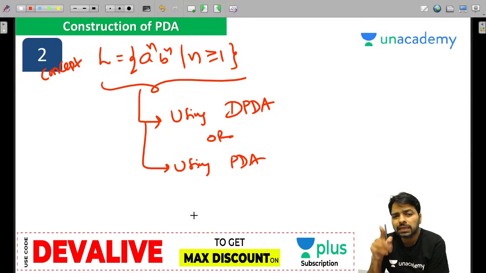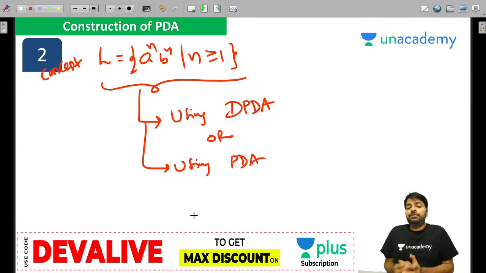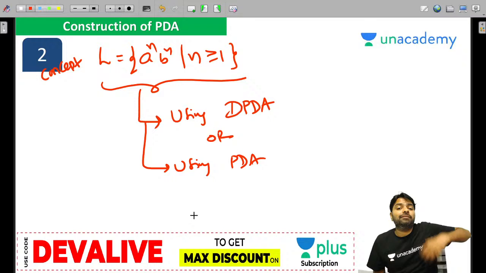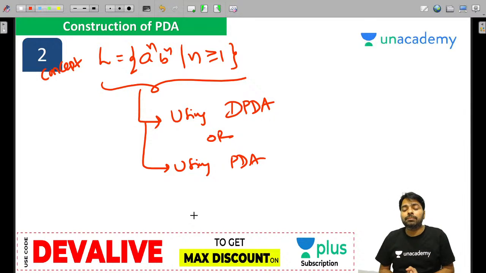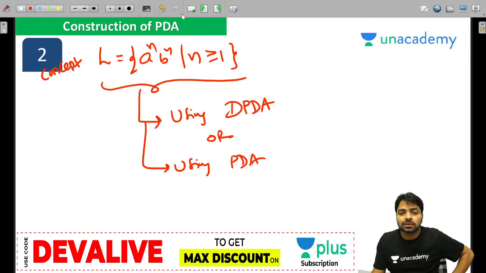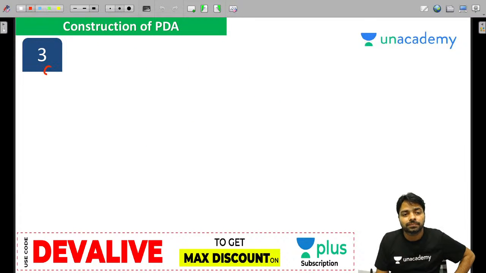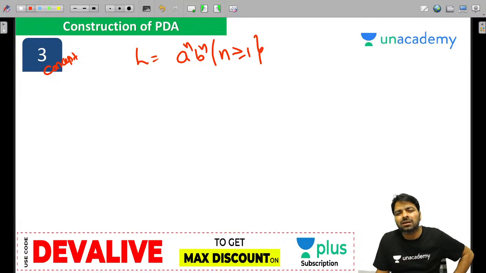And using DPDA or using PDA, because both exist. If I use a DPDA I may design one way, if I use a PDA I may have different ways. So that is the reason I am talking about this. You need to decide. And the third concept: for the same problem, do you want to assume any end concept?